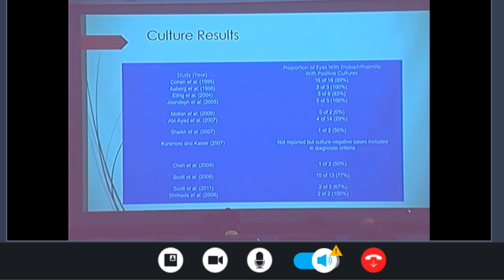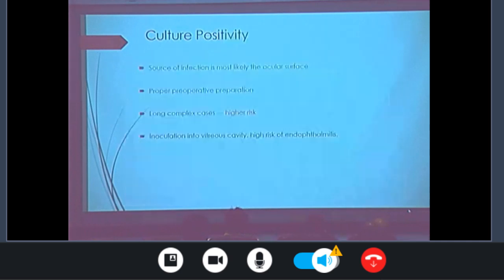The largest were by Cohen in 95, who had 18 patients, and Abi Ayad in 2007, who had 14 patients. But you see the culture positivity ranges widely from 29 all the way to 89%. So it's not very trustworthy that we will have a positive culture in these cases.